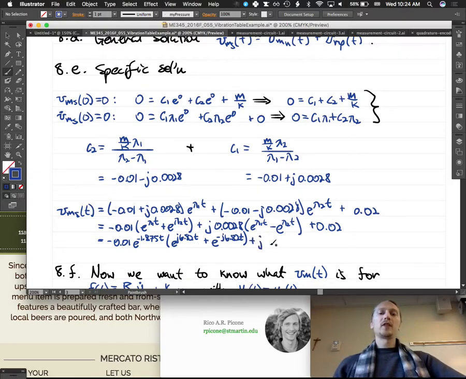So plus j 0.0028. Same exact process here. e to the negative 1.875 t we can factor out, and left inside is e to the positive j 6.82 t minus e to the minus j 6.82 t.